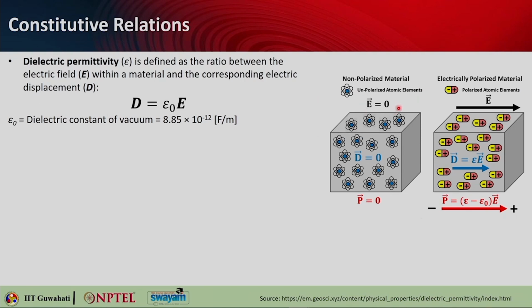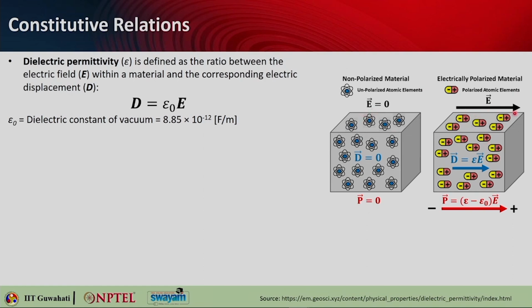So when there is no electric field, all these are basically unpolarized atomic elements. You can see the atoms with their electrons. The displacement is 0, polarization is 0 because there is no applied electric field.